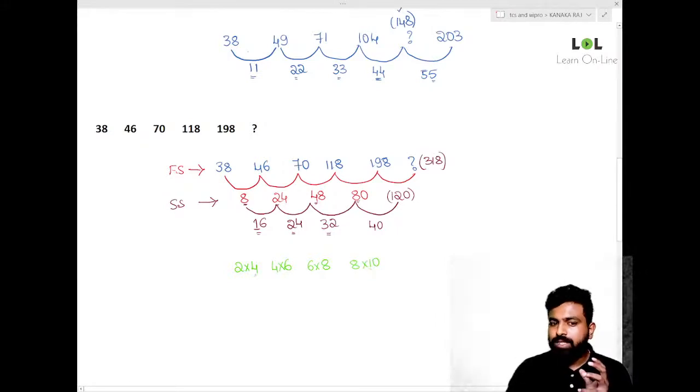Now, if you observe this carefully, 4, 6. Yes, Chetan. From where do you want me to repeat it? Have you understood this difference? Have you understood all of this?